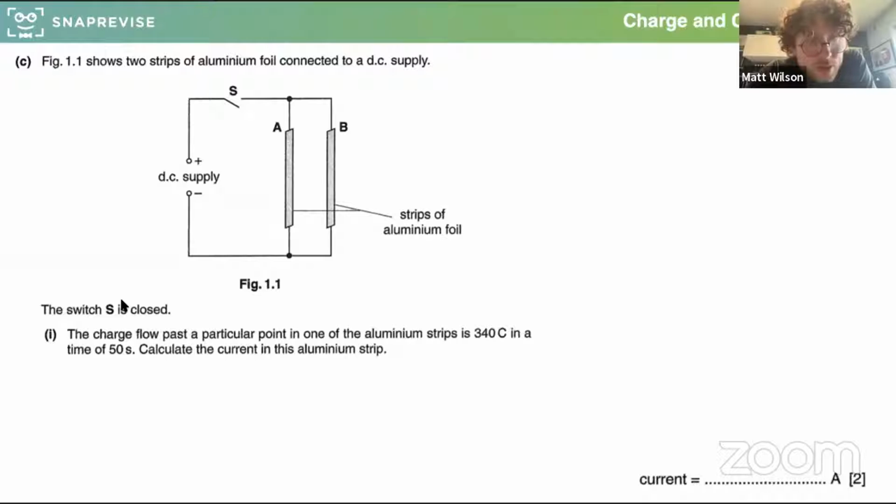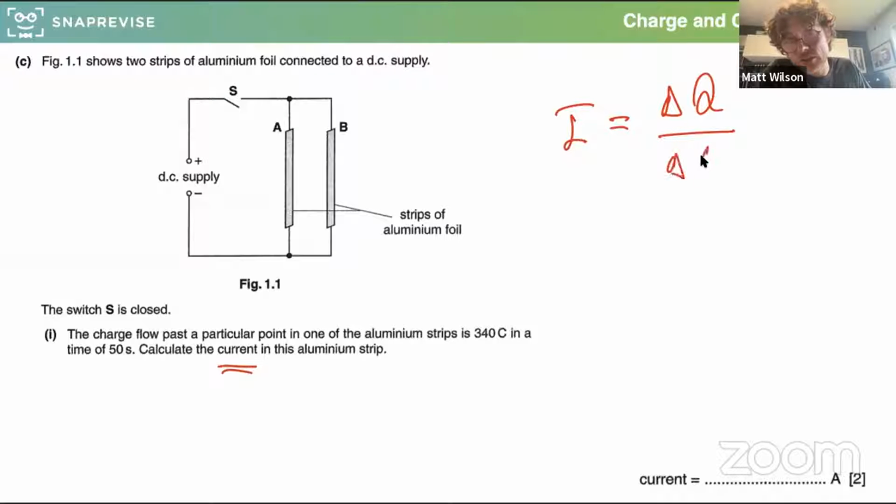Now let's have a go at this question. What equation should we be using, everyone? We want the charge flow past a particular point in a certain time, and they want the current. So we want the defining equation for the current. The current is equal to the change in charge over the change in time.